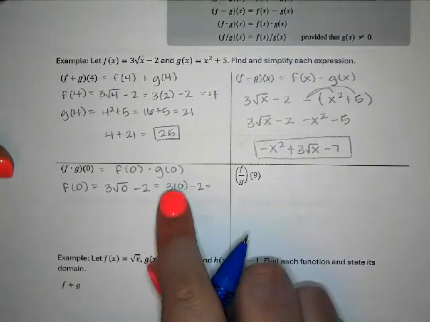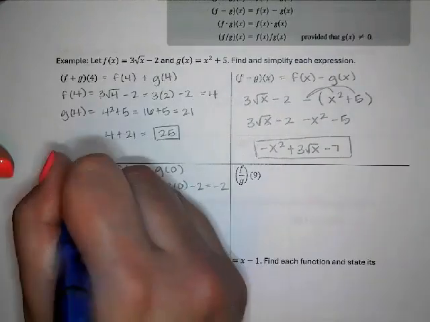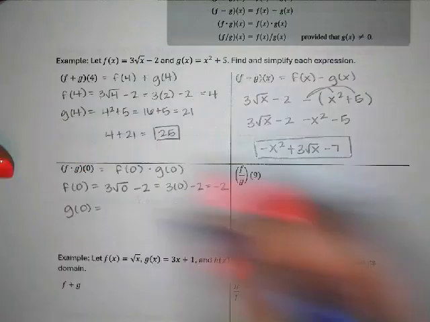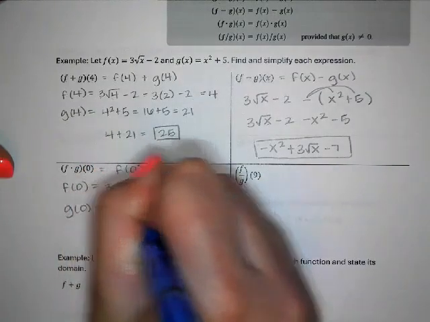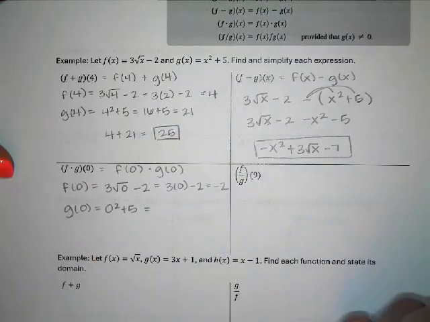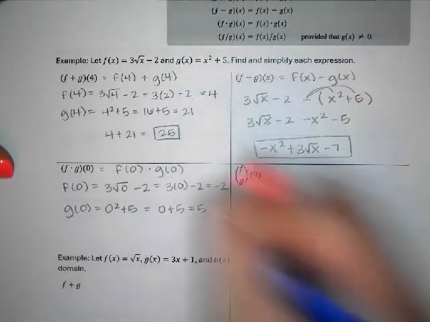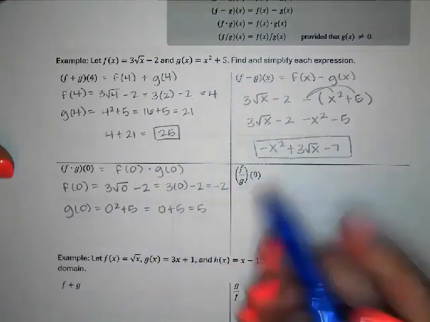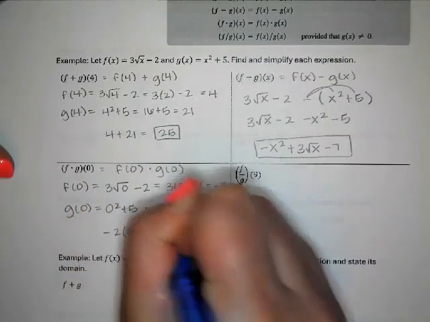So we have 0 minus 2, which is just negative 2. G of 0 is going to be 0 squared plus 5. 0 squared is 0, so that's 5. And then what we're doing is we're multiplying those together. So negative 2 times 5 is negative 10.